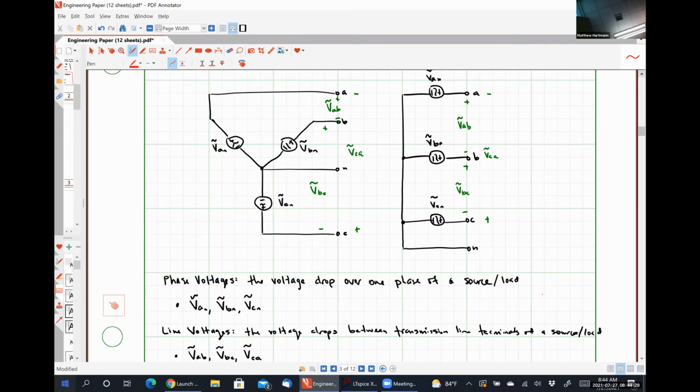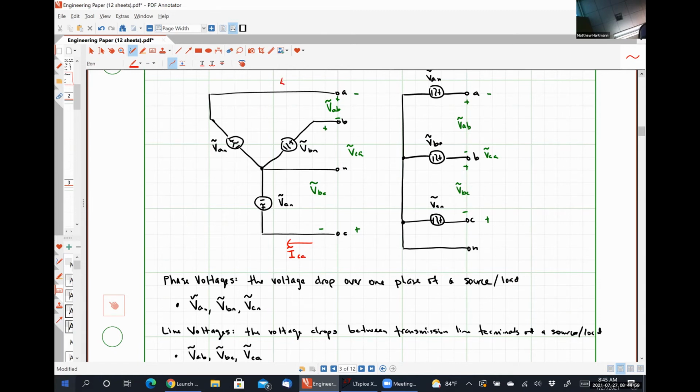I choose to express my currents in such a way that they are flowing from the location of the highest potential to the lowest potential. So what I mean by that is that this current, ICN, will flow through the positive polarity terminal of that voltage source VCN and flow into the neutral terminal.